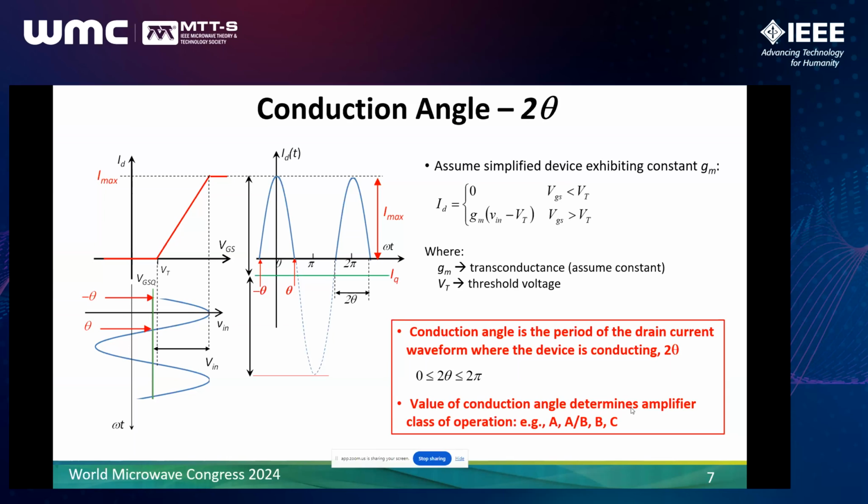So the conduction angle is the period of the drain current waveform where the device is conducting. And again, depending on the bias point, this can vary anywhere from 0 up to 2 pi. And that value defines the class of operation, such as A or AB, B, C, and so on.